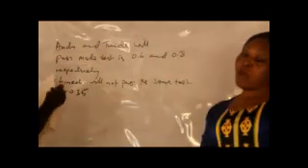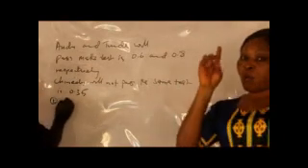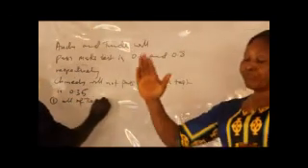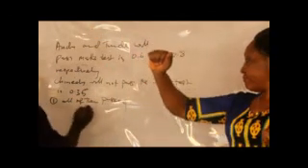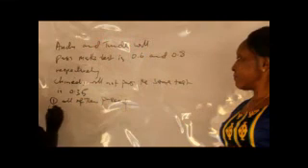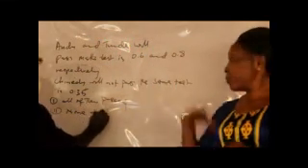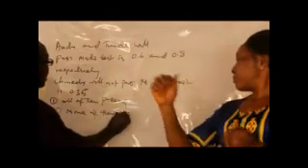Find the probability that one, all of them passed. Two, none of them passed.